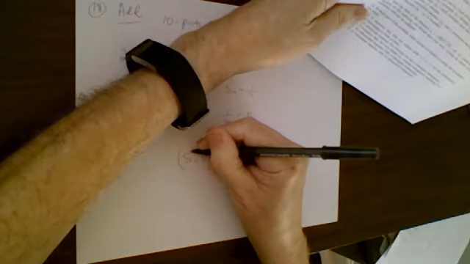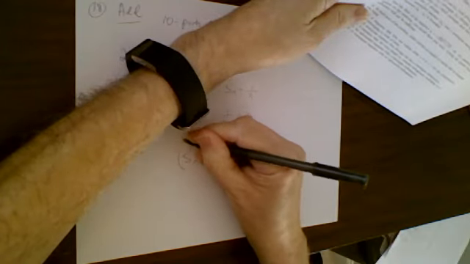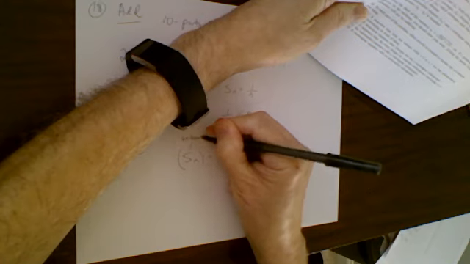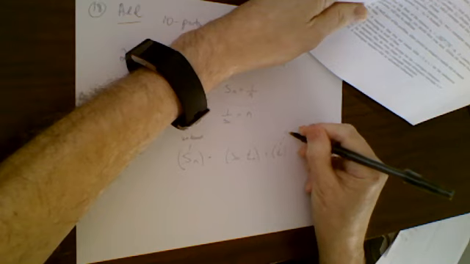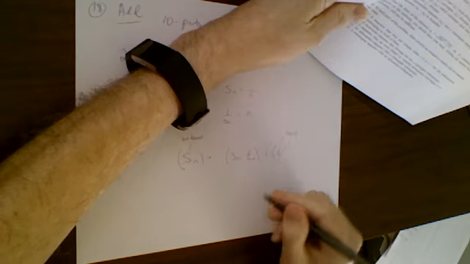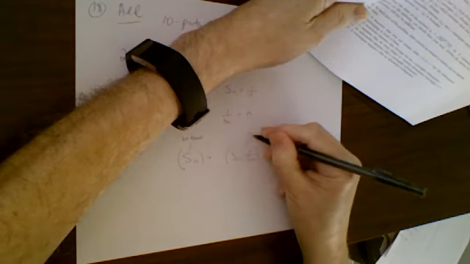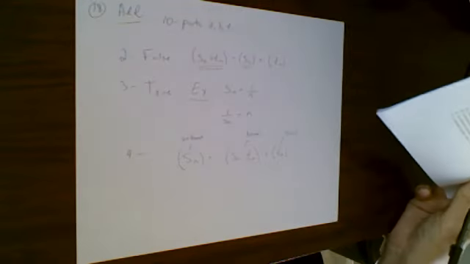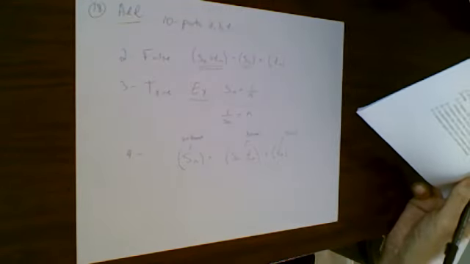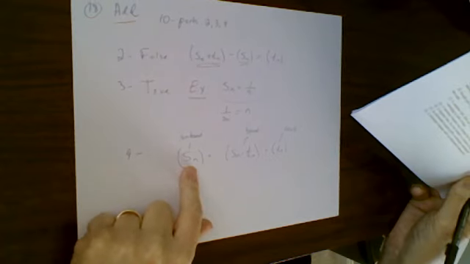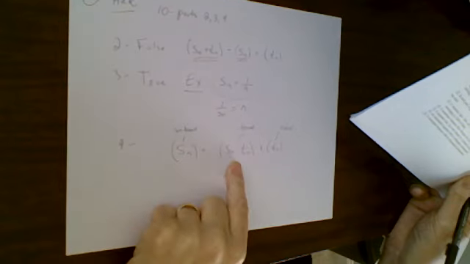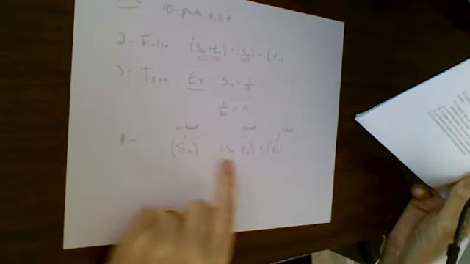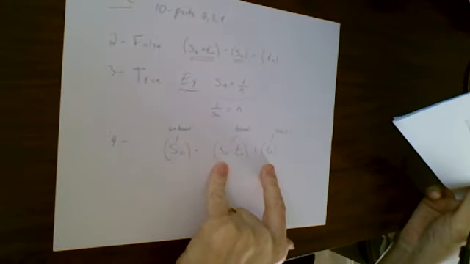We're given that the S sub n are unbounded. And is it possible that the T sub n can converge and that the S sub n minus T sub n are bounded? So here's the situation that we're wondering about. Can you have an unbounded sequence and a convergent sequence such that the difference is bounded? Well, in that case, this unbounded sequence would be a sum of these two sequences.